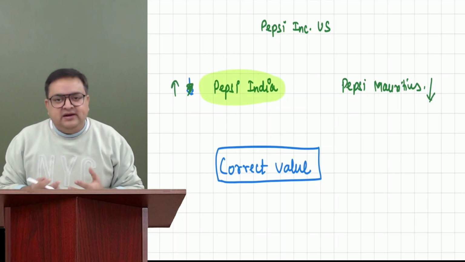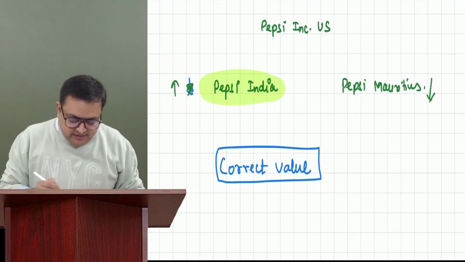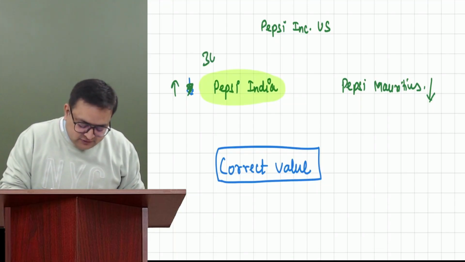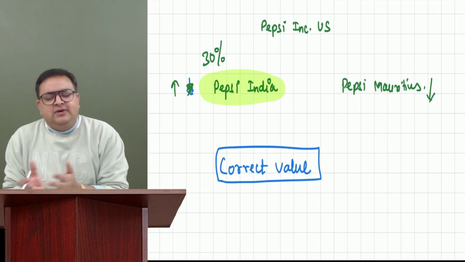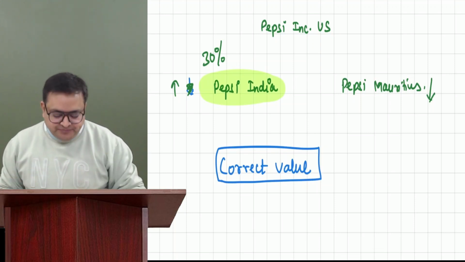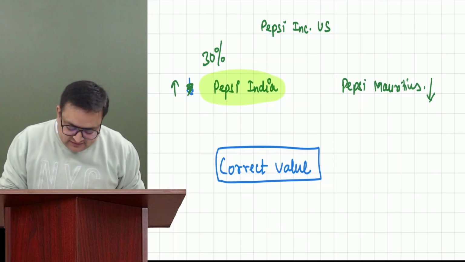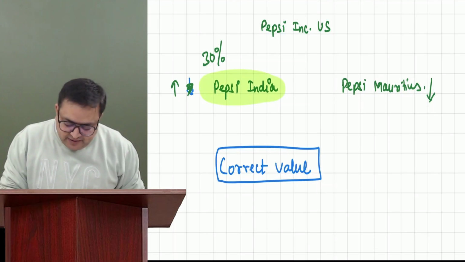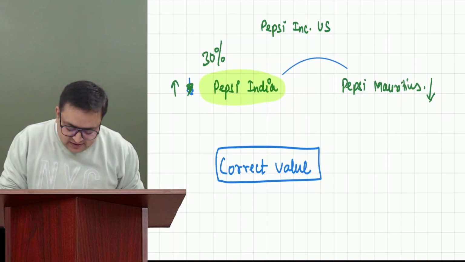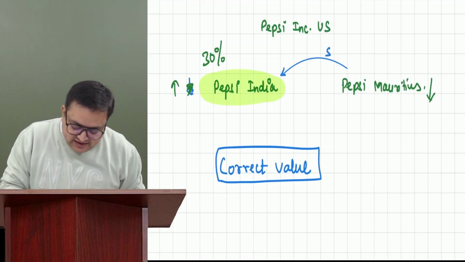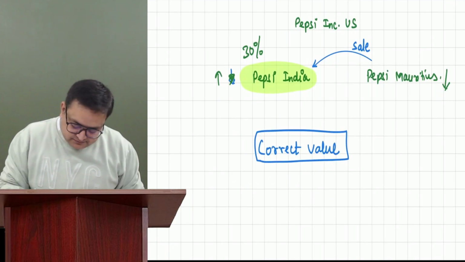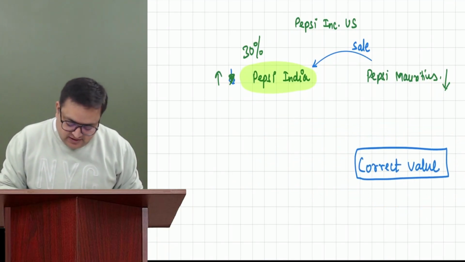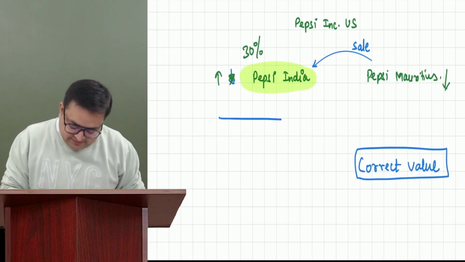So let's say, for example, there is Pepsi India Limited. They have a tax rate of 30%, right? But in Mauritius, the tax rate is very, very low, let's say 5%, 10%. So what was happening is, if Pepsi Mauritius is doing a transaction with Pepsi India, let's say a transaction of sale, right? So let me make a P&L account for Pepsi India.